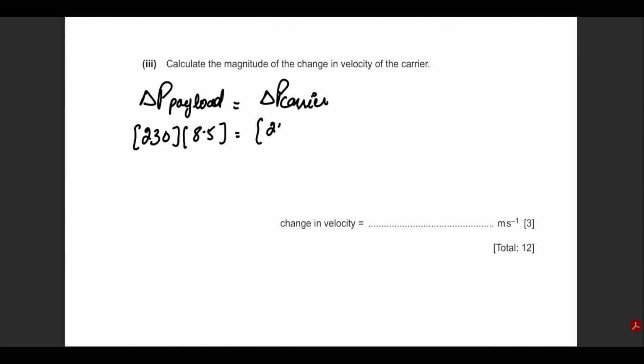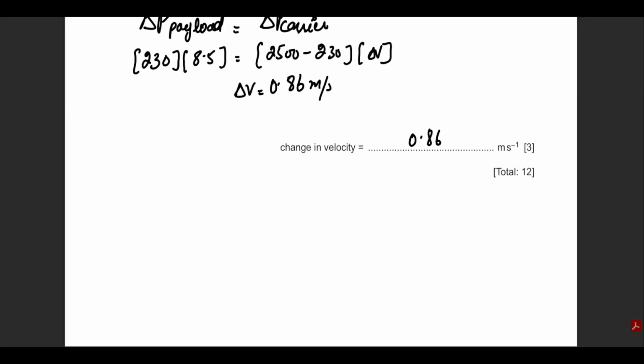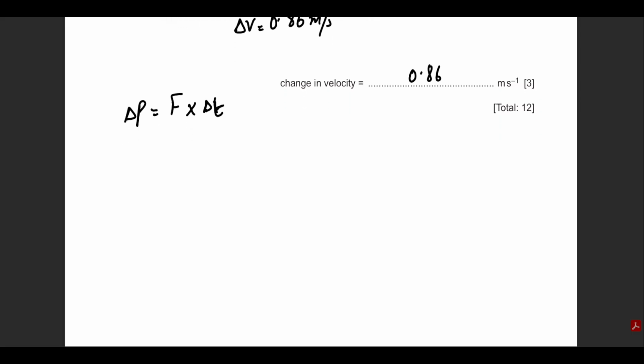So the mass, which is 2500 minus 230, multiplied by the change in velocity of the carrier. Once you solve this, delta V is going to come out as 0.86 meters per second, which is going to be written here. There is an alternative approach in which we could have said delta P is equal to force multiplied by delta T. So this is 5500 multiplied by 0.36, which comes out as 1980 newton seconds.